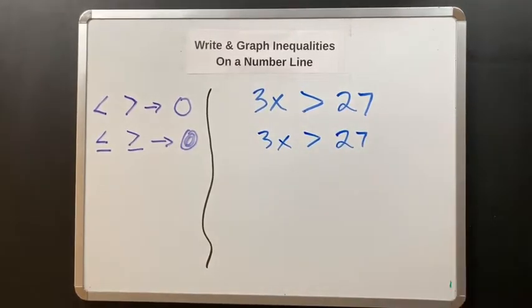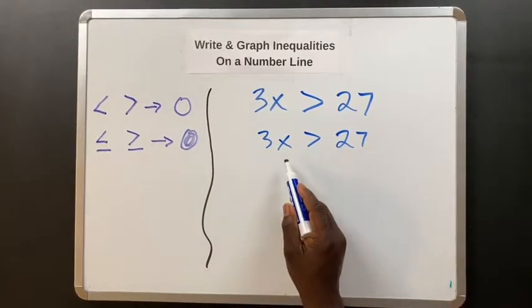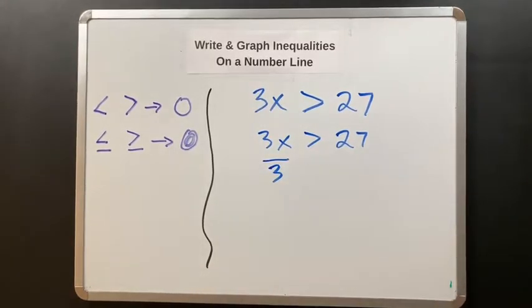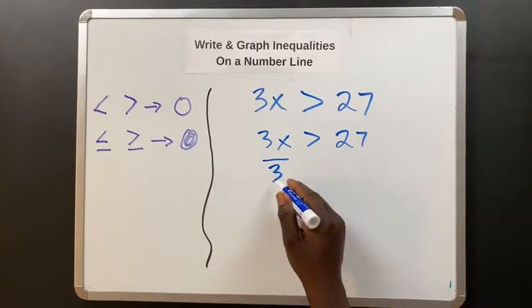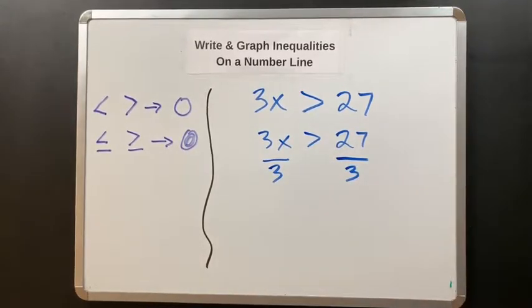We need to isolate or solve for x. We need to get rid of the coefficient 3. That's a positive coefficient. What's the opposite of multiplying x by 3? You divide x by 3. And whatever you do to one side of the inequality, you do to the other side, divided by 3.